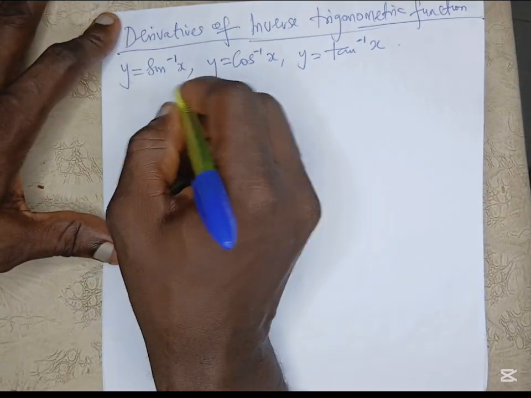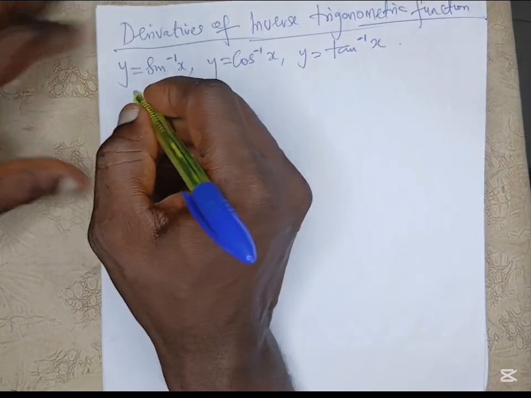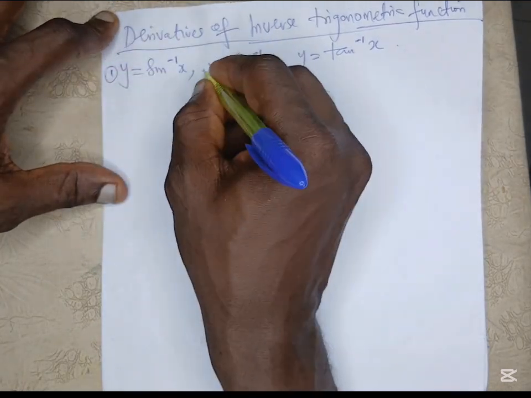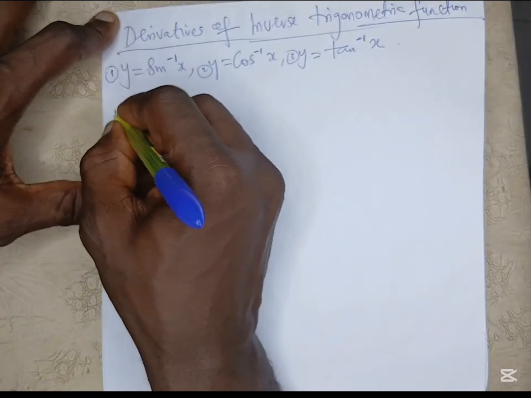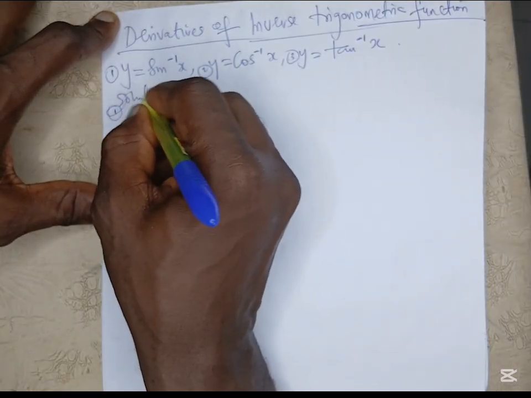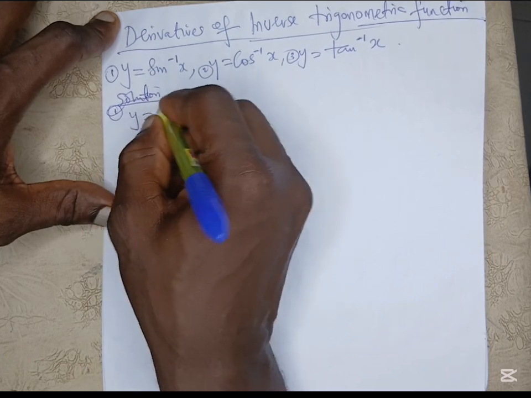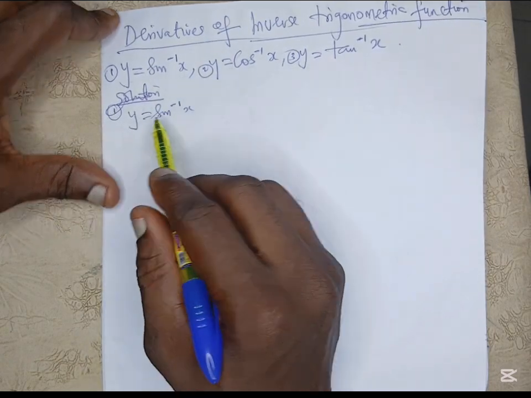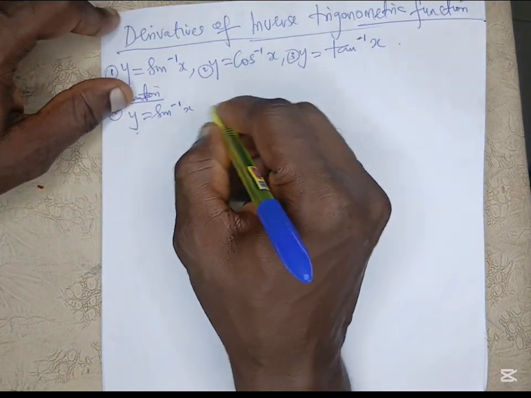So if you have to find the derivative of the first, let's find the derivative of sine inverse of x, that is dy/dx.